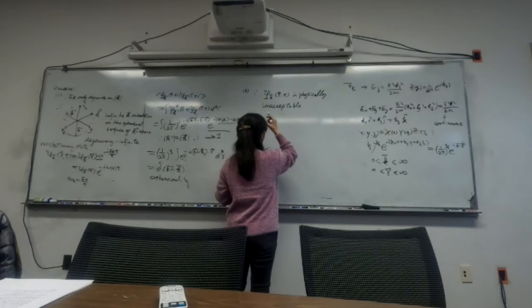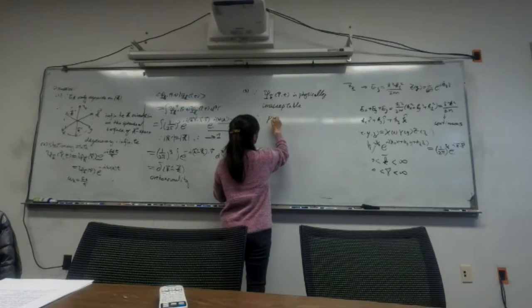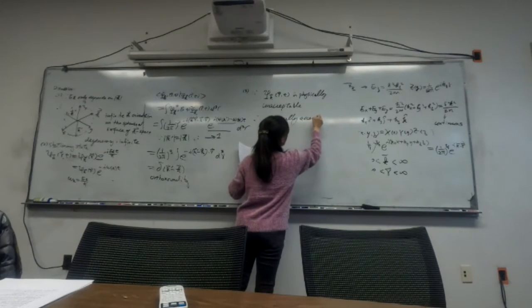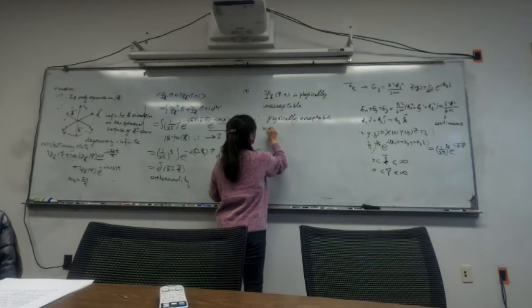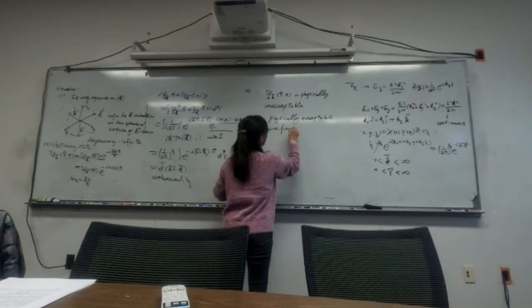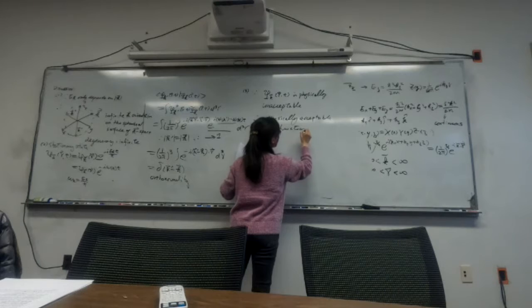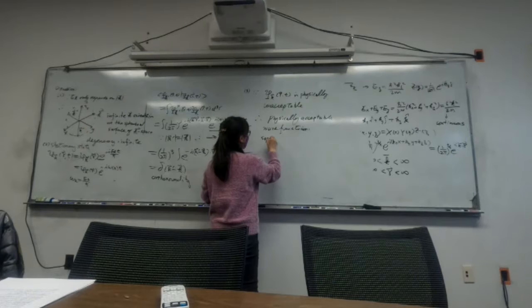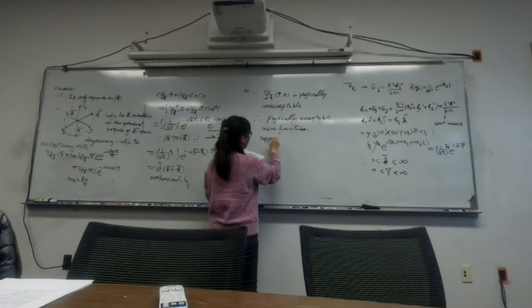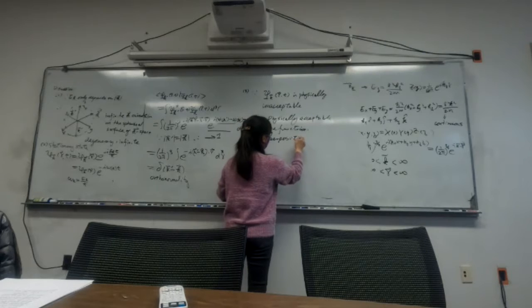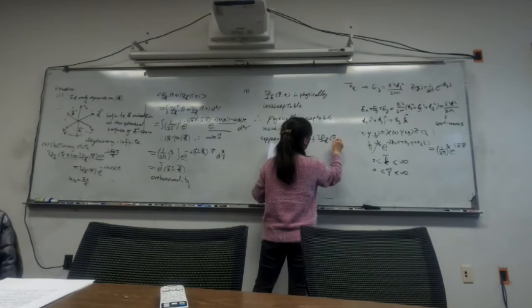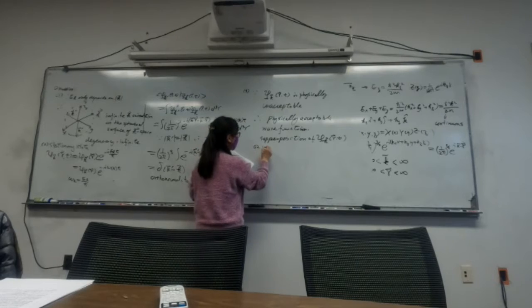So remember, the real or physically acceptable wave function is a superposition of these terms for all the k, which we call a wave packet.